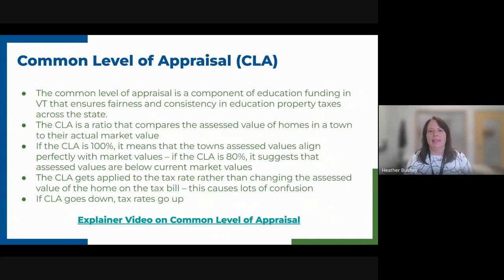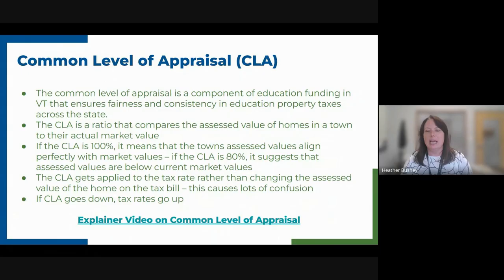Okay. Then we've got our common level of appraisal. This is really a component that is supposed to ensure fairness and consistency in property taxes across the state, because values of homes and reappraisals happen at different times. So the CLA ratio was intended to compare the assessed value of a home to the actual market value and make adjustments.